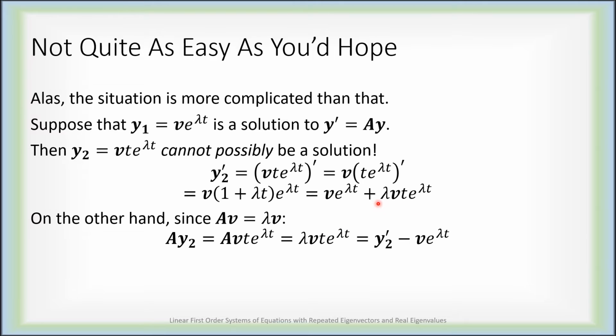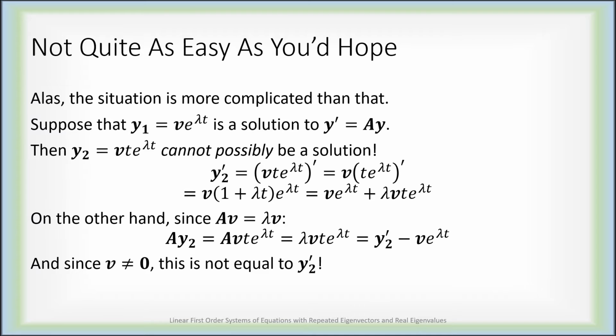That appeared right here. So Ay2 is y2 prime minus v e to the lambda t. Now, since v isn't 0, this is not 0 here. And v isn't 0, by the way, because it was a non-zero eigenvector for the eigenvalue lambda. So Ay2 is y2 prime minus something that isn't 0. So this is definitively not y2 prime.